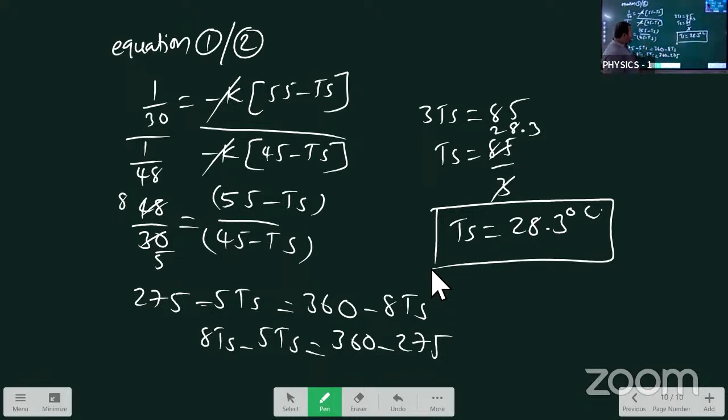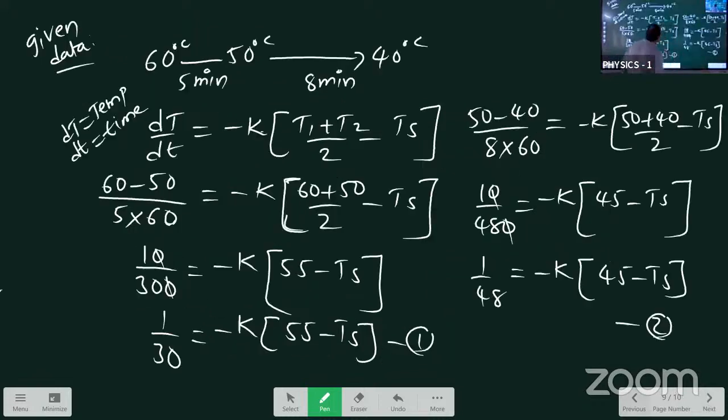So the problem is giving 60 to 50 in 5 minutes, 50 to 40 in 8 minutes. If you do this much big problem, you can get confused. That's why I will give a short method. First 60 to 50, dT by dt, temperature difference by time. On the right side we take the mathematical steps.